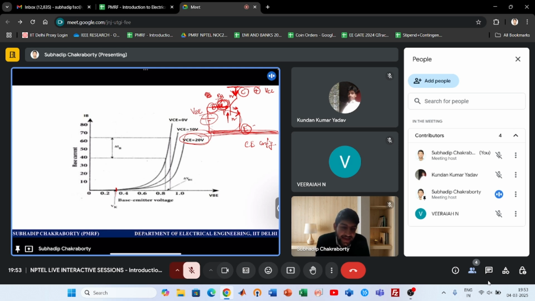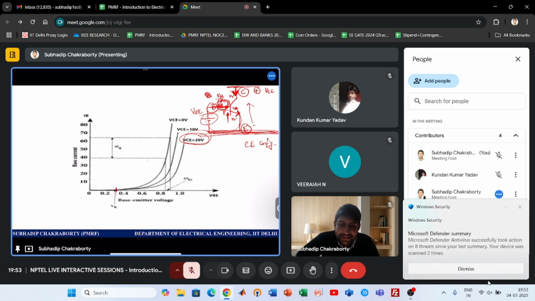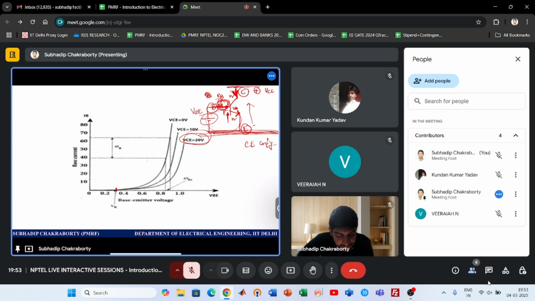And once you have that capability, you can also increase VCE. Now what will increasing VCE actually do? Increasing VCE will indirectly reverse bias the base-emitter junction. How? Because this collector voltage is there, and if you apply KVL across this loop, because there is also one biasing region.